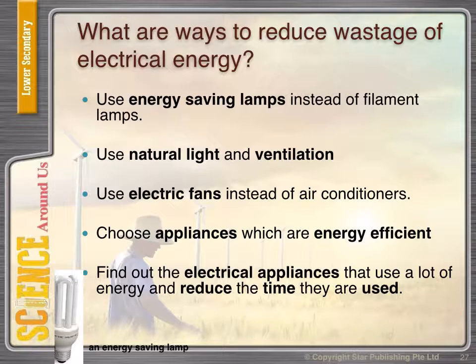Try to select appliances with a tick showing energy efficiency, for example refrigerators, washing machines or air conditioners. Try to find out which appliances use a lot of energy and reduce the time that they are used. Okay, so that's the last slide for the topic of investigating electricity.